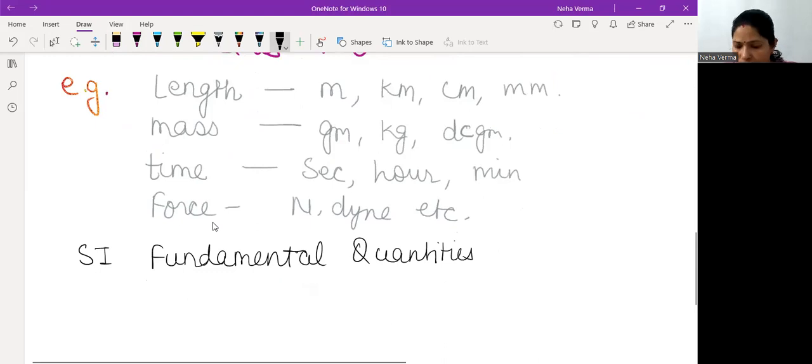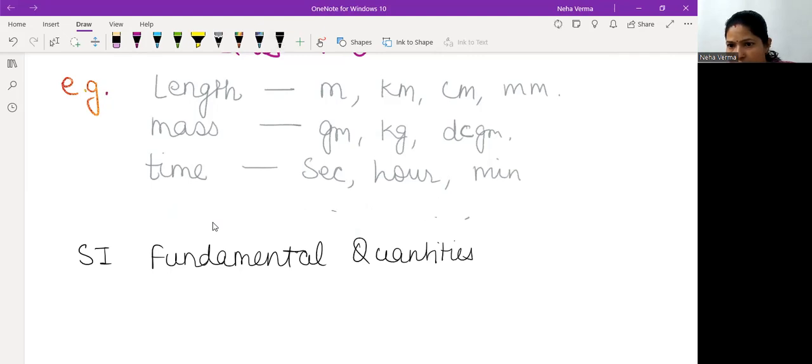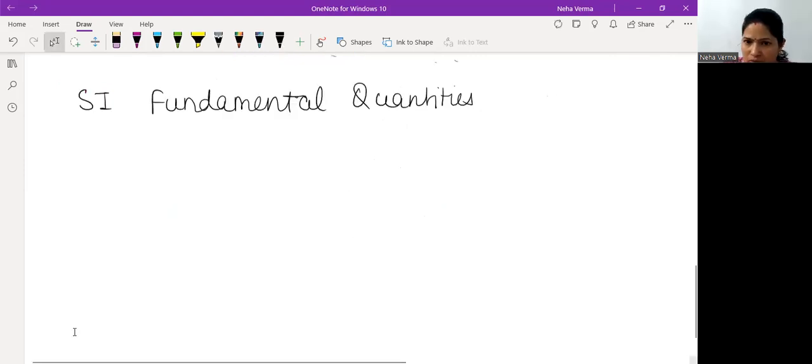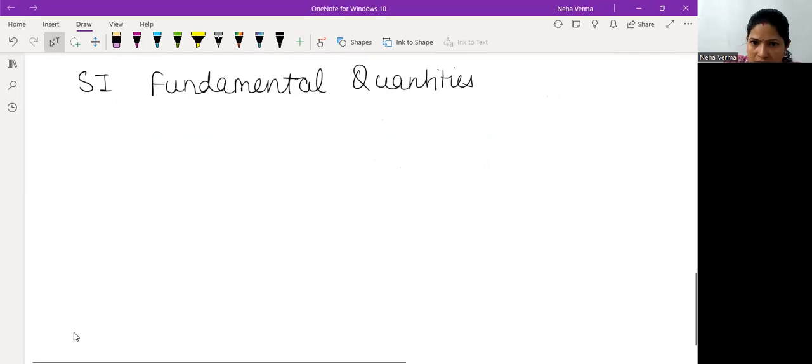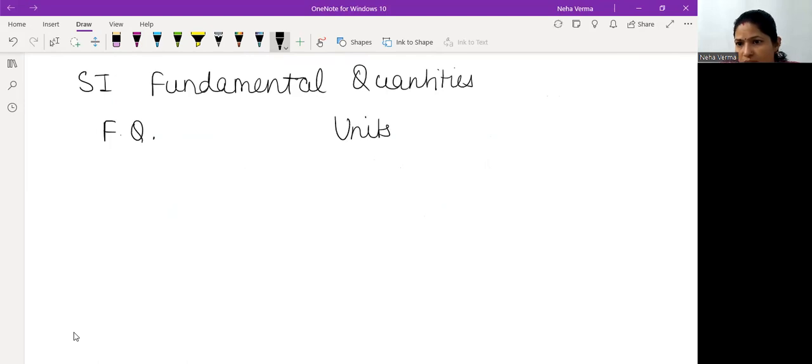We were talking about the fundamental units, so let's remove it. This is not the case right now. Fine. Okay. So let's list the fundamental quantities. Make a chart. These are fundamental quantities, their units, symbols used.